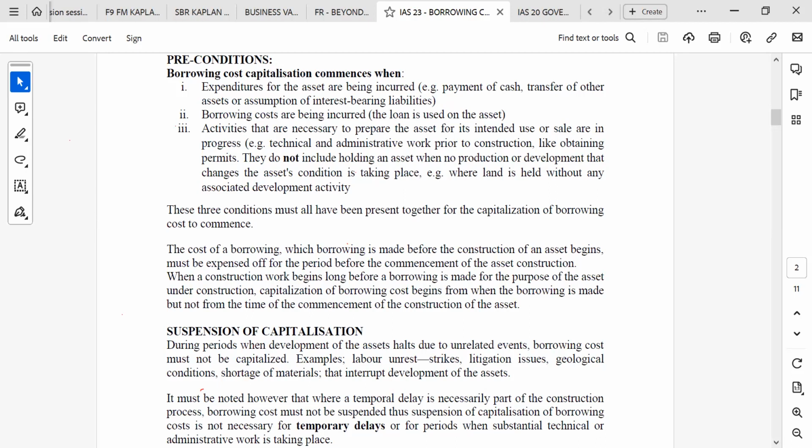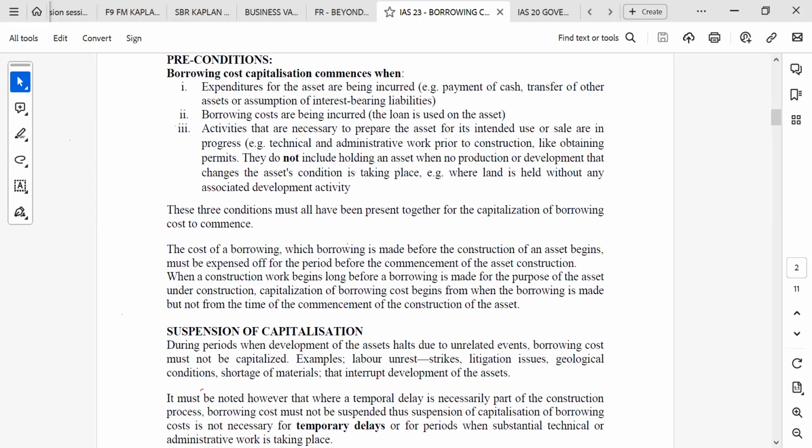It means that the work is going to stop for a certain period. But the issue now is, is the workers going on strike an activity to improve the condition of the building? Is it an activity that will better the construction of the building? No.